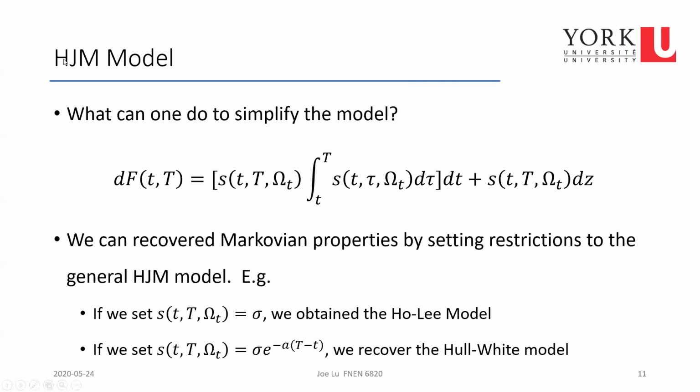So what HJM wanted to show is that there's a theoretical connection between their approach and the approaches taken from the instantaneous short rate models, which appeared chronologically earlier than their paper.